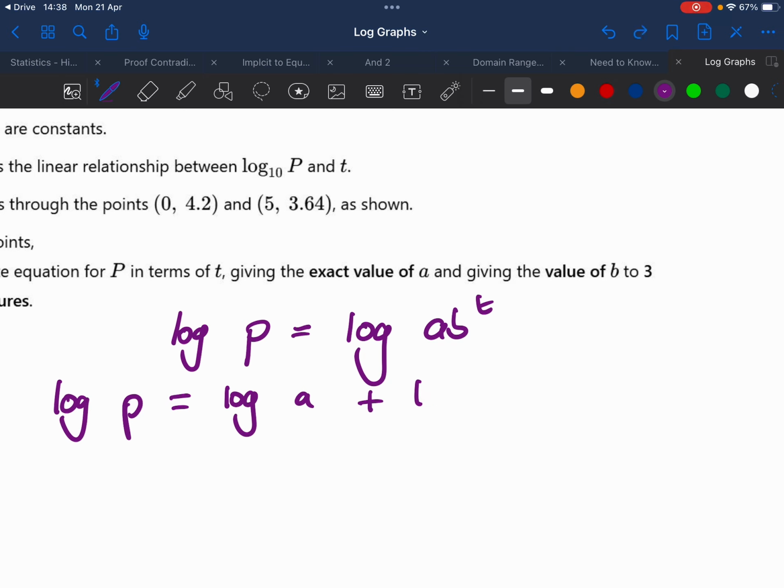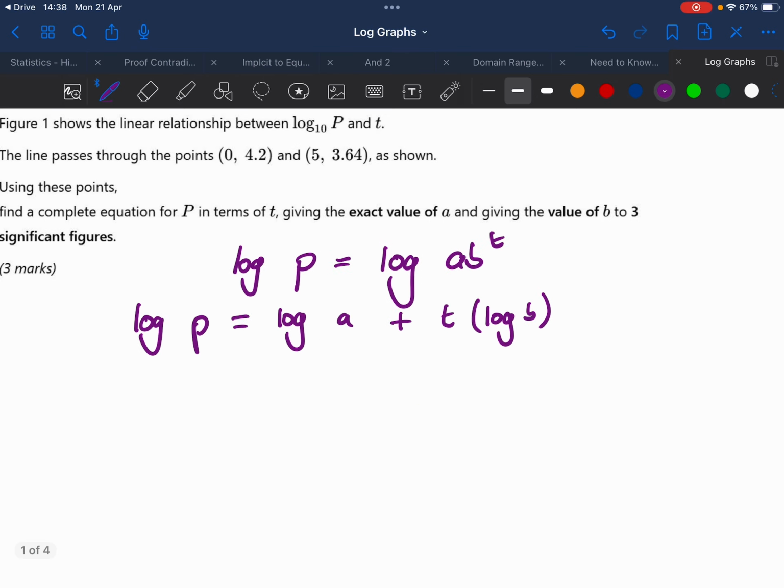And then I'm going to go one step further and bring that T down as well. There's lots of ways you can write this. I'd like to do something like this, because once we apply logs, the next part of the question typically has us match it up to a straight line. If I write y equals mx plus c, it's not the nicest thing to compare to. So I'm going to do one extra step.